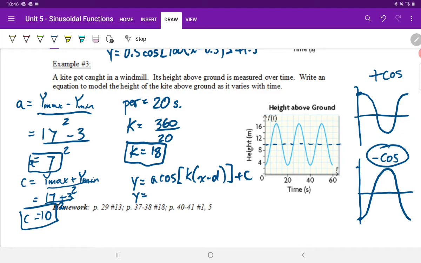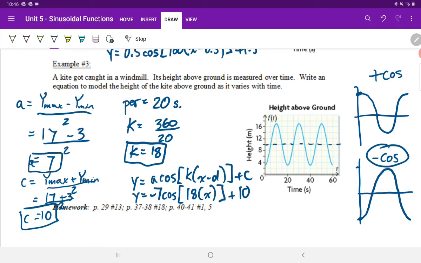And because my A is 7, I do negative 7 because I'm reflecting downwards, across the x-axis. Cos, no phase shift here.